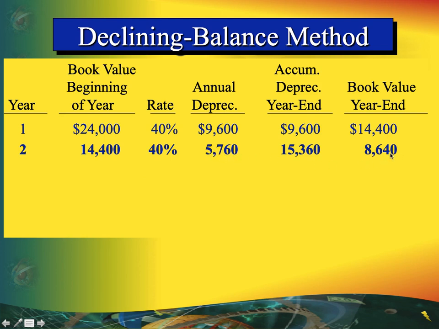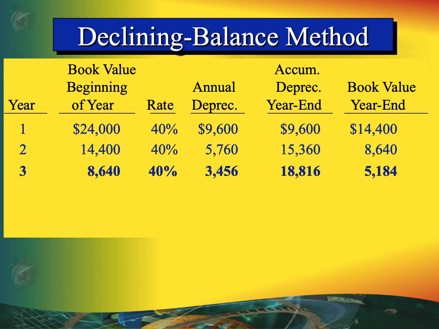It will become 8,640. Again, 8,640 here becomes book value beginning of year. Then you multiply again with the rate, 40%, and you will get 3,456.